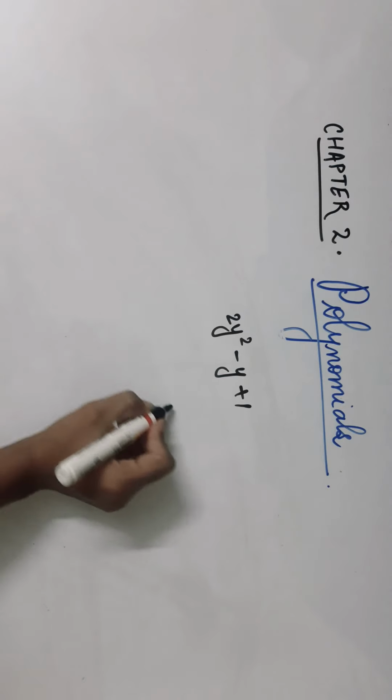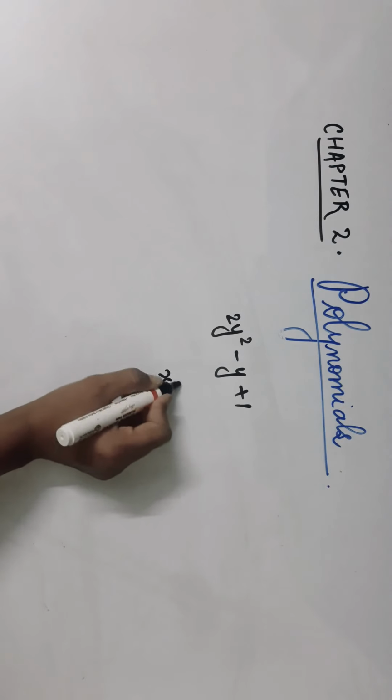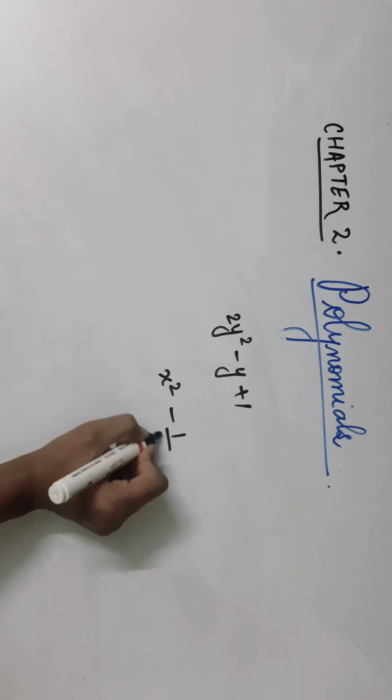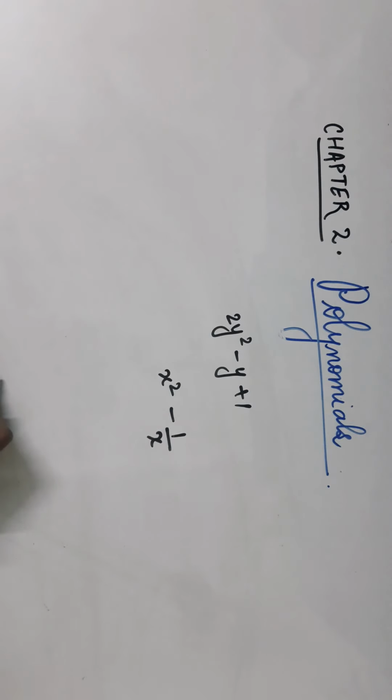Suppose, let me give you one example. X square minus 1 by x. And if I ask you, is it a polynomial? Think. No, it is not a polynomial. Why? Okay, your question may come, why?